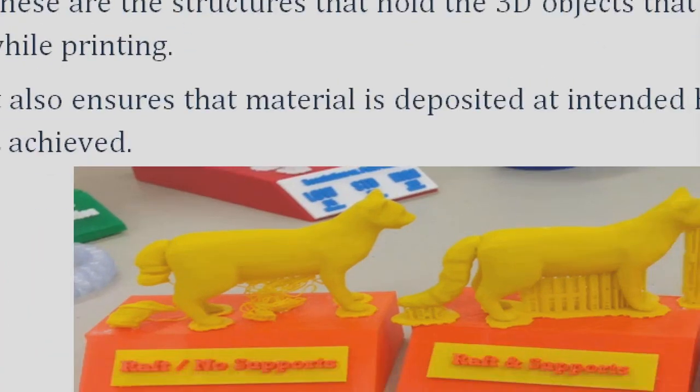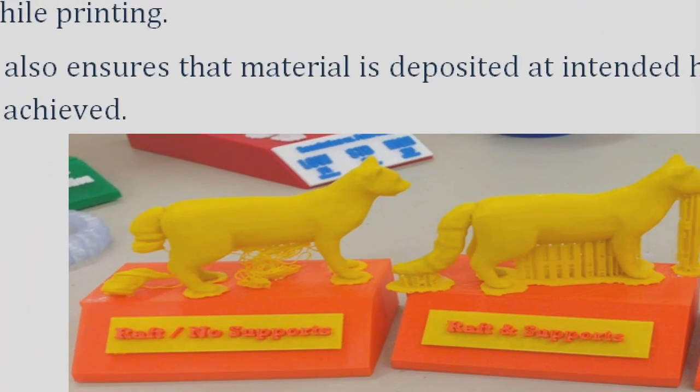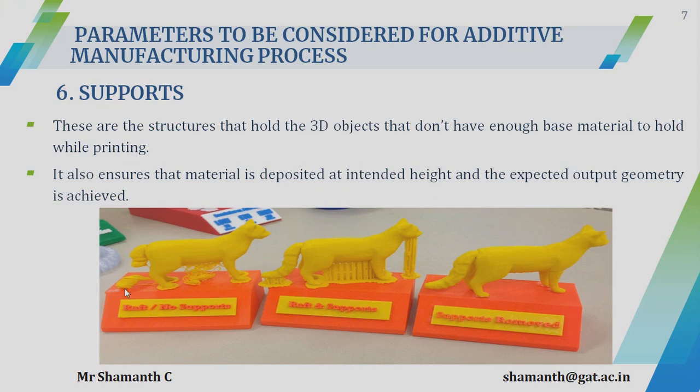Here, in the first image where the support has not been used, you can see the tail has been broken. The breakage of the tail during printing happens because no support was given, and the quality of the product without the support is very poor compared to the product got with the help of the raft and the support.